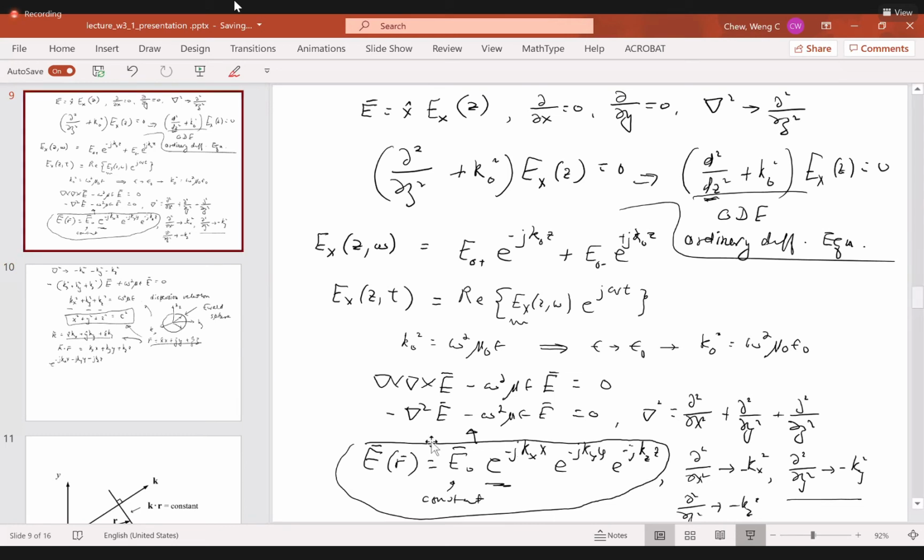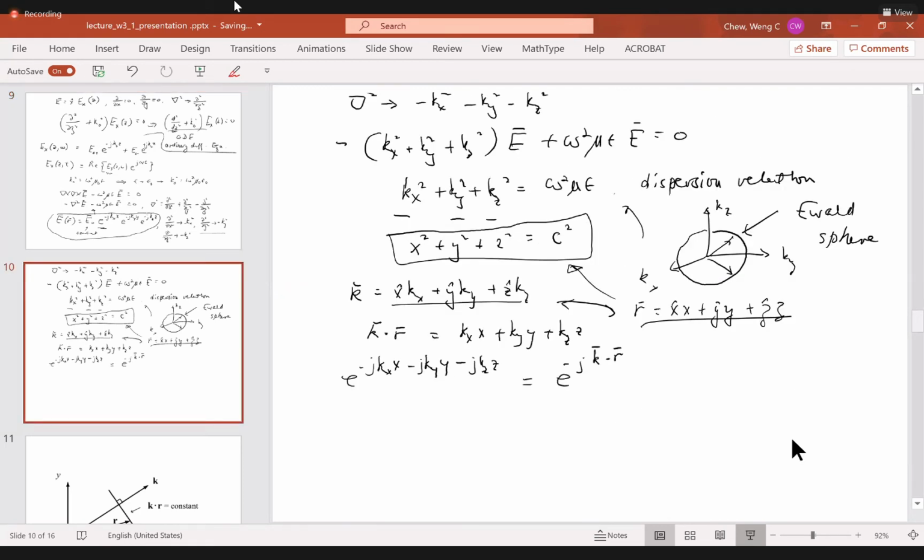And if you use your knowledge of exponentials, it can be summed into 1 in the exponent. And then this can be written as e to the minus j k dot r. Agree? So this is called the equation of a plane wave. And since this plane wave does not decay or vanish in amplitude in any way, this is called a uniform plane wave.